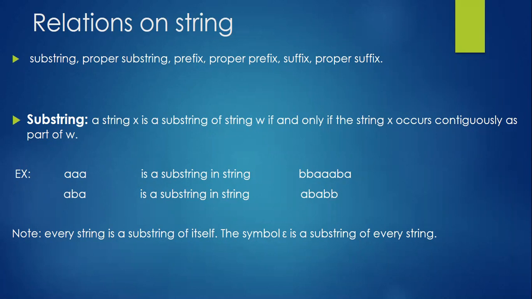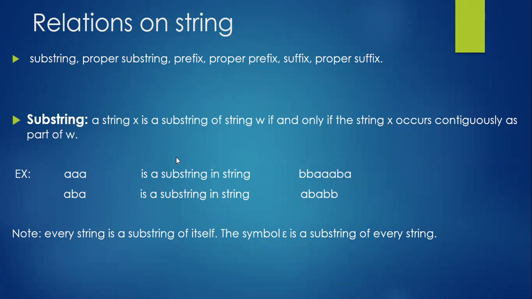Substring. What exactly does substring stand for? A string X is a substring of string W if and only if string X occurs continuously as part of W. So here we have two different strings, X and W. If string X is continuously appearing in string W, then we call X a substring of W. Here we have one example. Just observe, triple A is a substring in the string BB, triple A, BA.